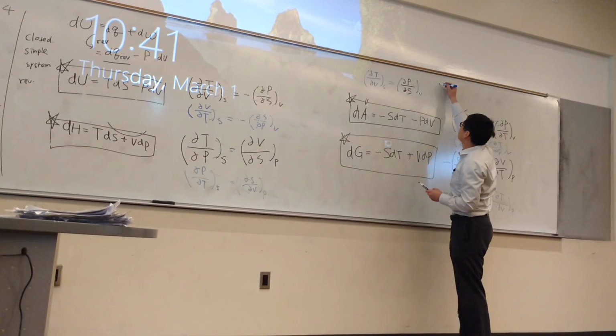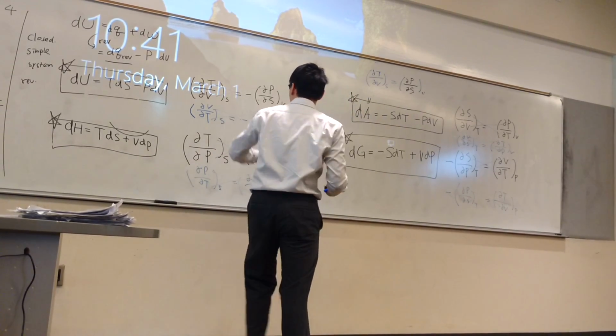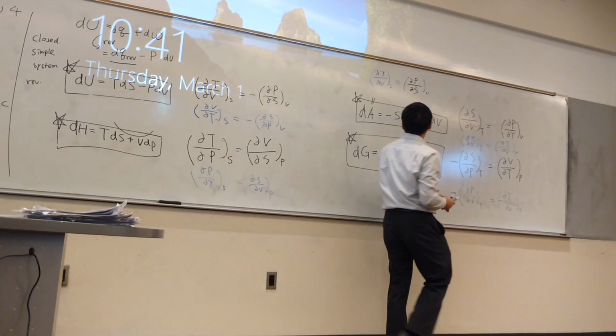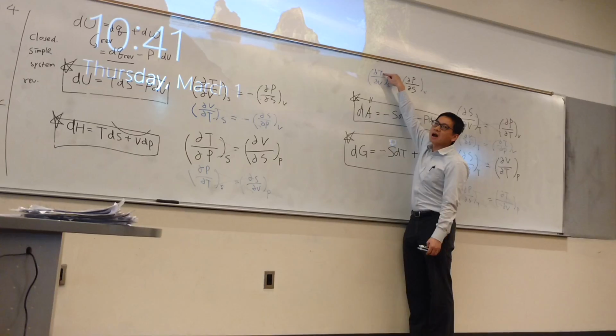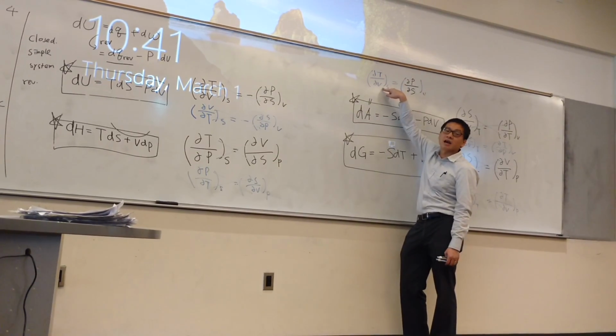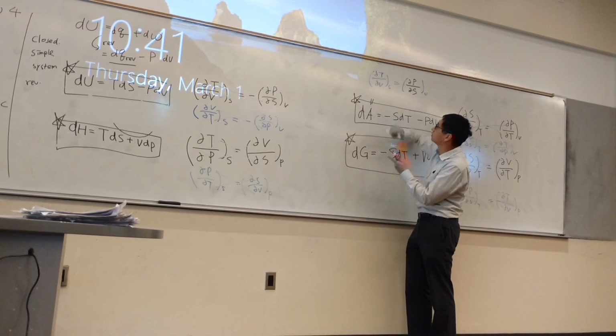One last thing is the sign, because some of them have a negative sign in front. How do you make a judgment? Consider an ideal gas: if you have higher temperature, you have larger volume, so this one is positive.